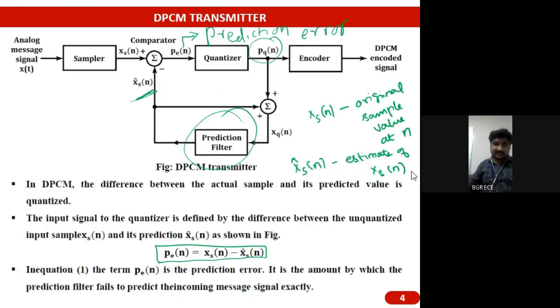Since xq is the input of the prediction filter, xs cap of n, the estimate of the sample, is the output of the prediction filter.